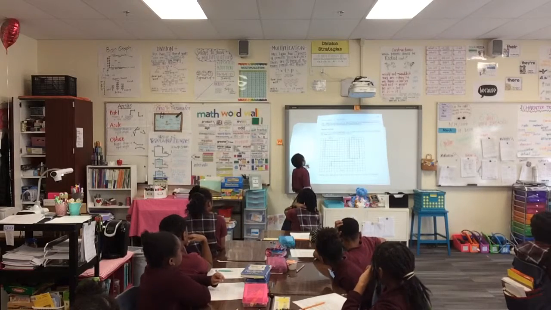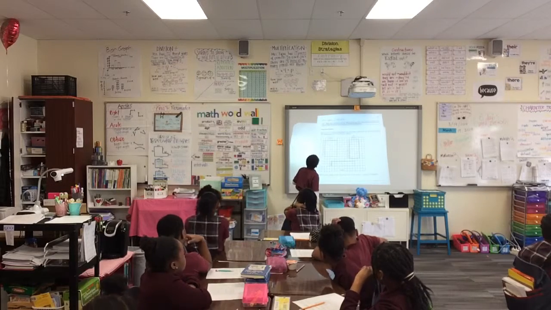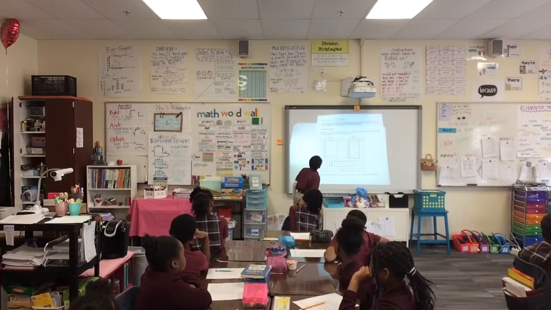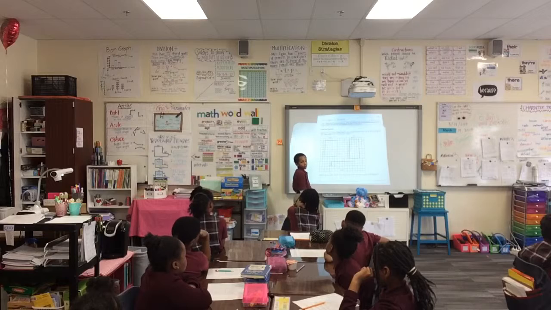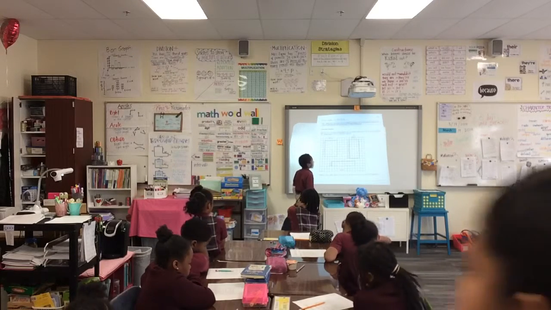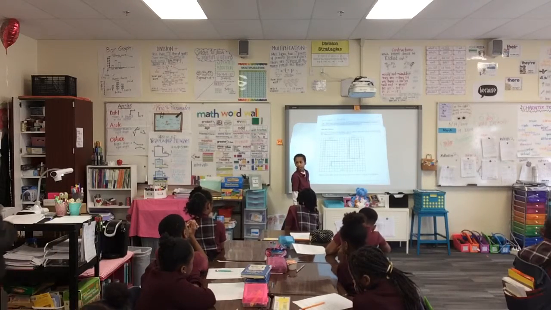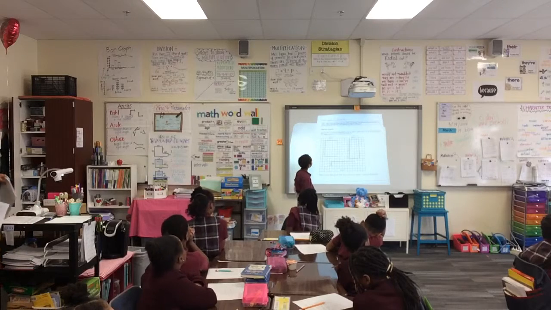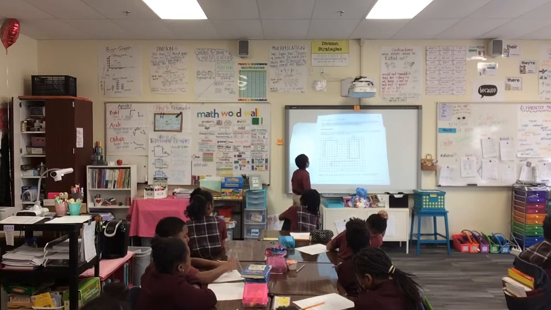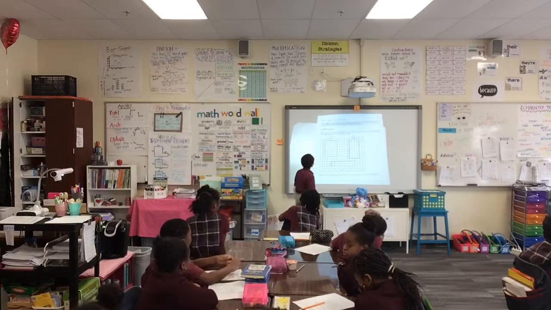So I labeled on the sides because I was showing how many squares are in each row. And why is that important, Logan? To find the area of the shape. And how did you know you had to find the area and not the perimeter? Because it has squares inside and it's showing us.